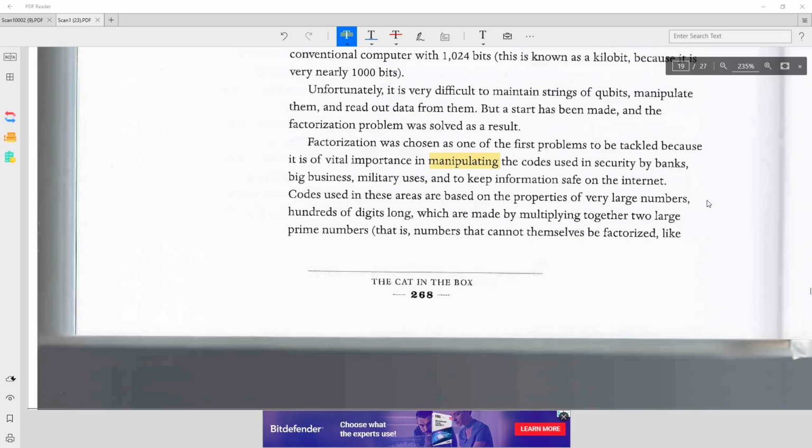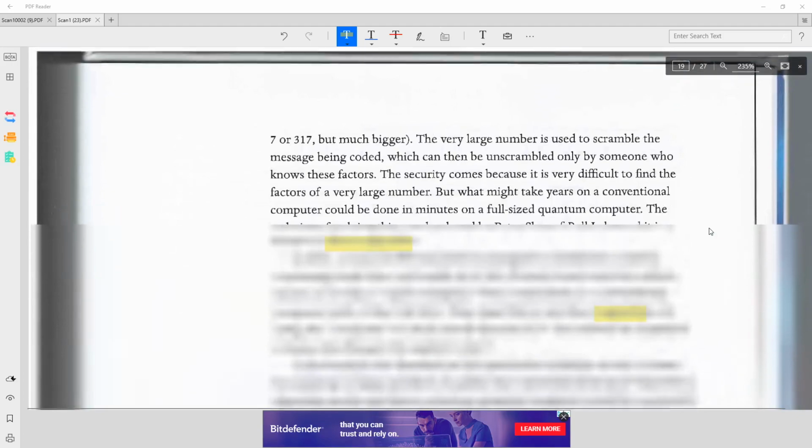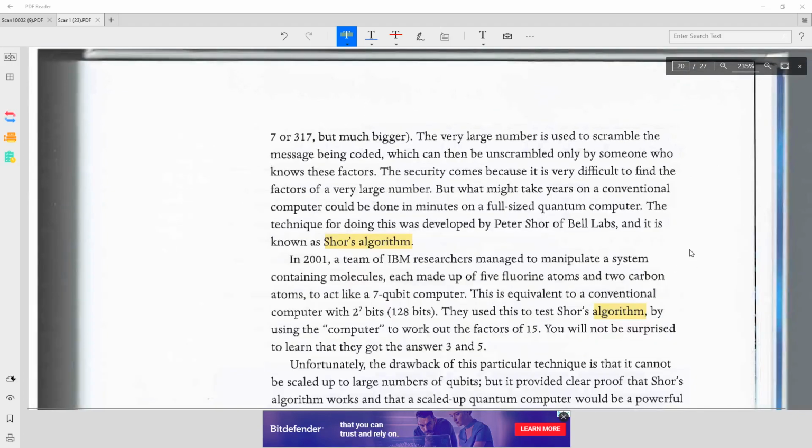Codes used in these areas are based on the properties of very large numbers, hundreds of digits long, which are made by multiplying together two large prime numbers, that is, numbers that cannot be themselves factorized, like 7 or 317, but much bigger. The very large number is used to scramble the message being coded, which can then be unscrambled only by someone who knows these factors.